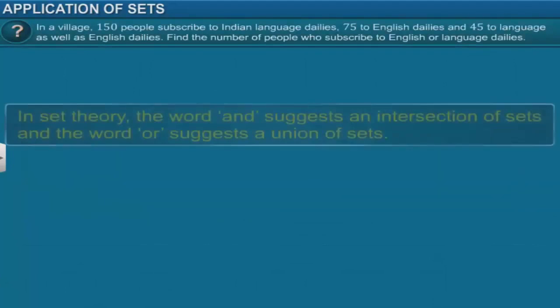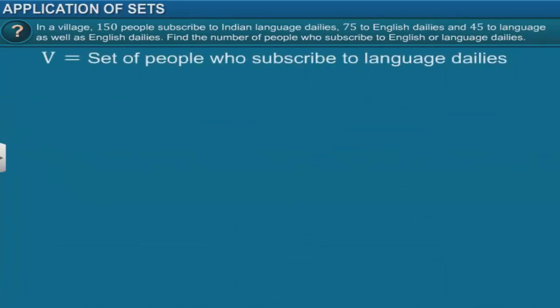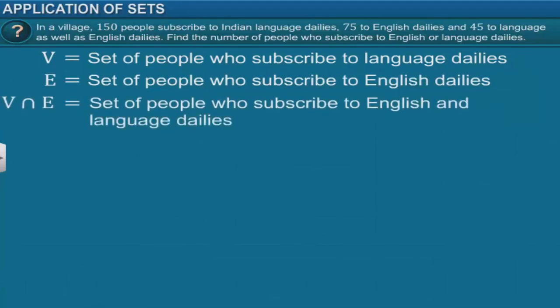In set theory, the word "and" suggests an intersection and the word "or" suggests a union of sets. Let V be the set of people who subscribe to language dailies and E be the set of people who subscribe to English dailies. Let V intersection E be the set of people who subscribe to English and language dailies.